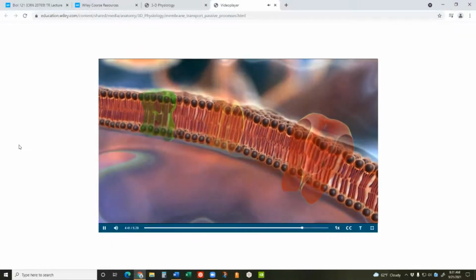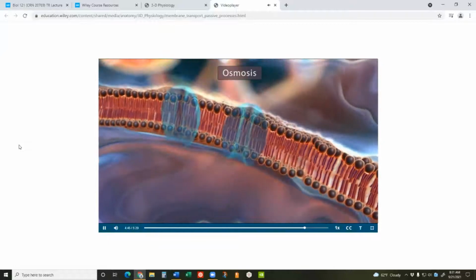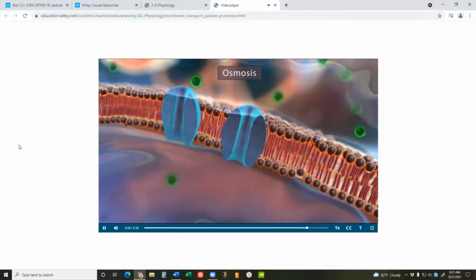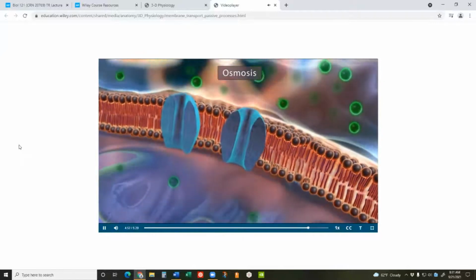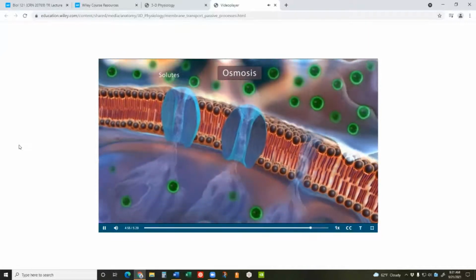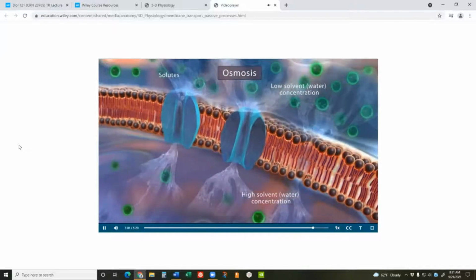A final passive process is osmosis, the movement of solvent rather than solute. In osmosis, a solvent, such as water, moves down its concentration gradient. A higher concentration of solutes on one side of a membrane means a lower relative concentration of the solvent on that side.